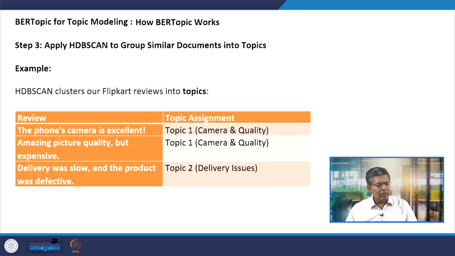Let us say after using HDBSCAN to find the topics, what happens in our Flipkart reviews? "The phone's camera is excellent" is topic 1, camera and quality. "Amazing picture quality", review 2, "but expensive" is topic 1 again, camera and quality. "Delivery was slow and the product was defective" comes into topic 2, which is delivery issues.